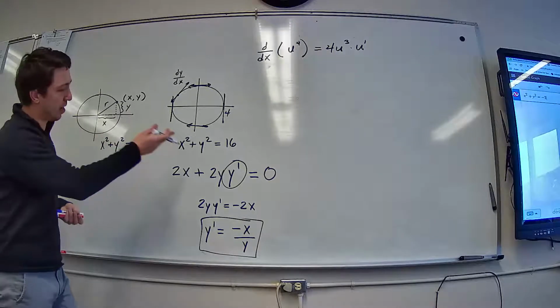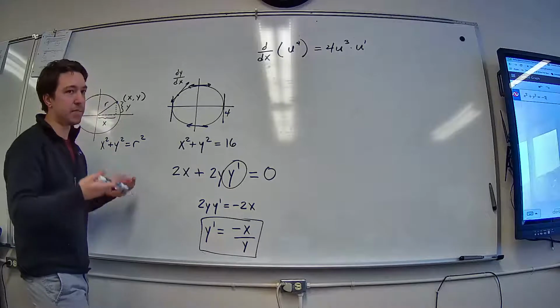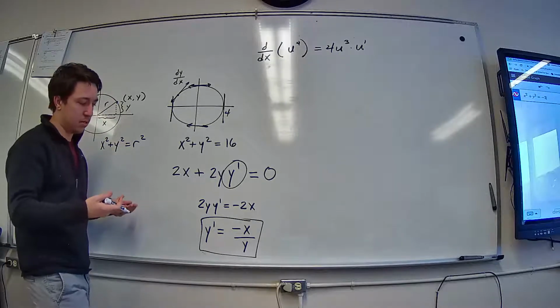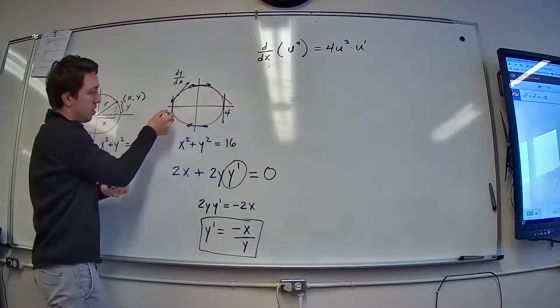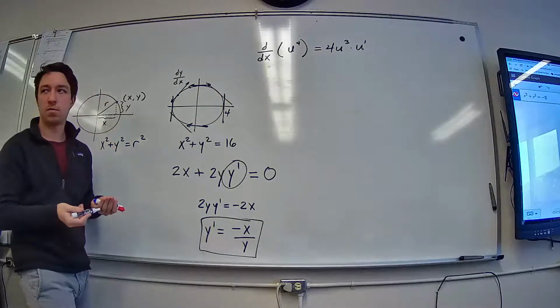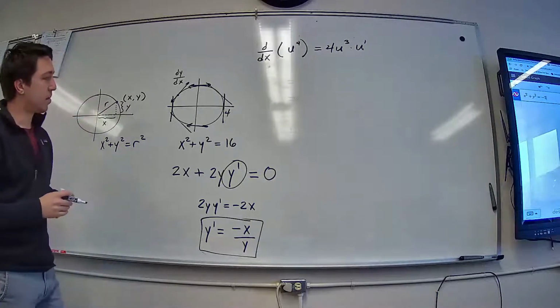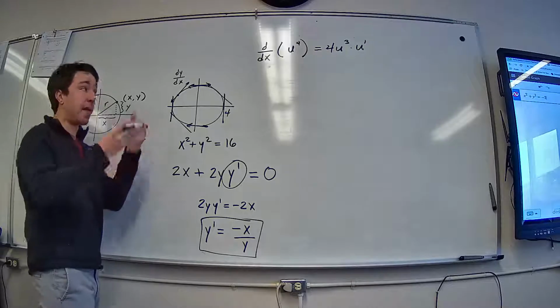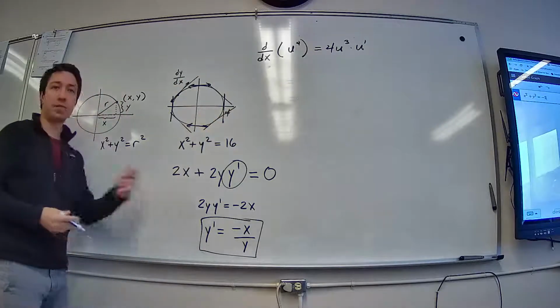And then you can even look at stuff like, let's say your x and y value were the same size. Say x and y were the same number. You'd have a slope of -1, right? And then likewise, if x and y were opposite numbers, you'd have a +1 slope.